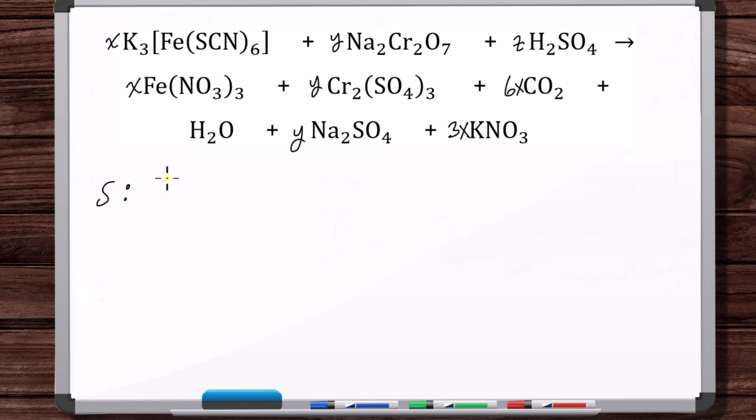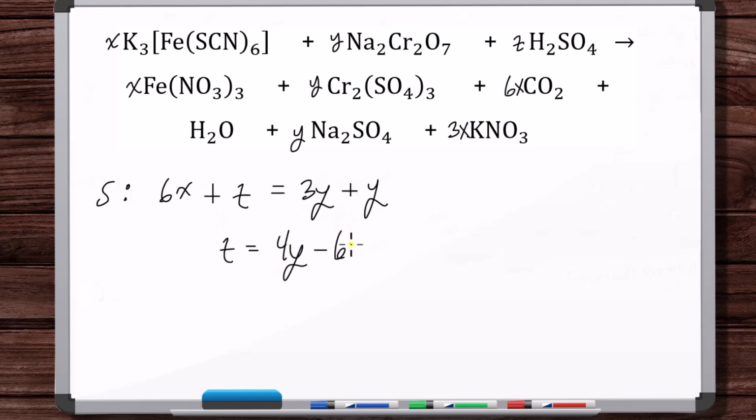So 6X plus Z is equal to 3Y plus Y. So Z is equal to 4Y minus 6X. Okay, now for the hydrogens to balance, you have hydrogen alone here, hydrogen alone here. This is going to have to be 4Y minus 6X.